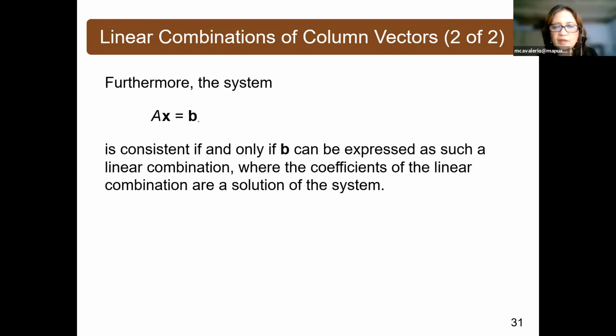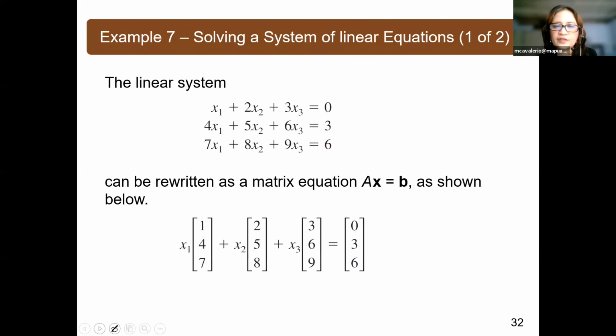Furthermore, the system AX equals B is consistent if and only if B can be expressed as such a linear combination, where the coefficients of the linear combination are a solution of the system.